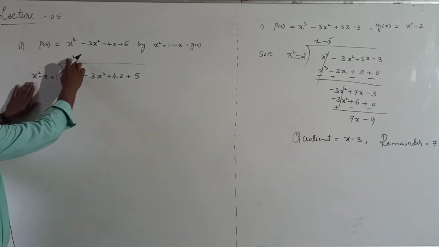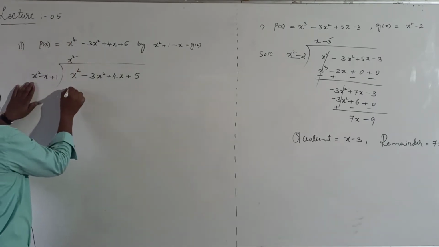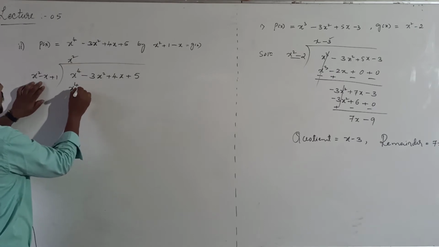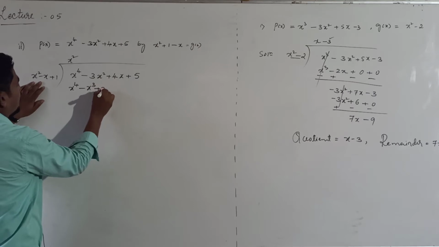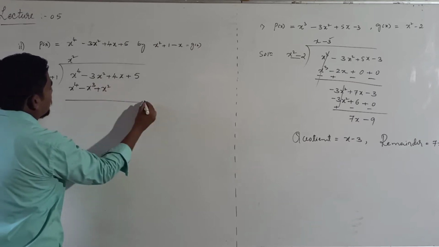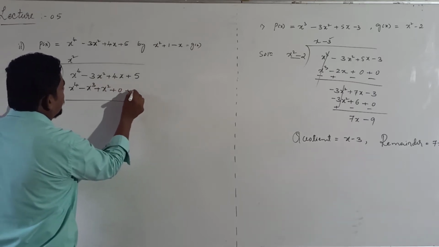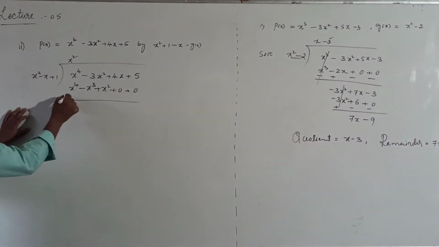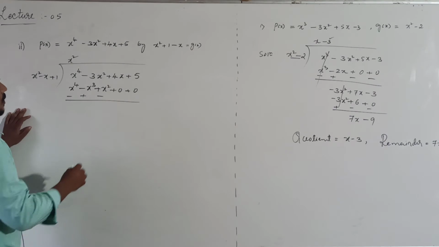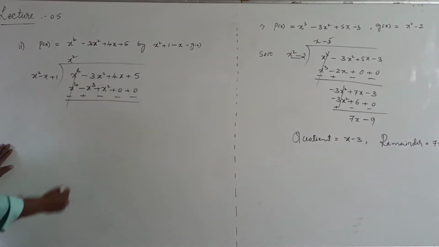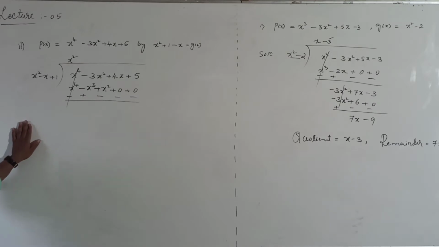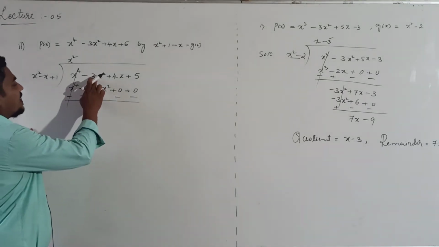Now multiply every term: x power 4 minus x cube plus x square. After this take 0 and 0. Now reverse the signs. It will be positive, negative, negative, negative. Now x power 4 and x power 4 will get cancelled. Now here minus 3x square is there.